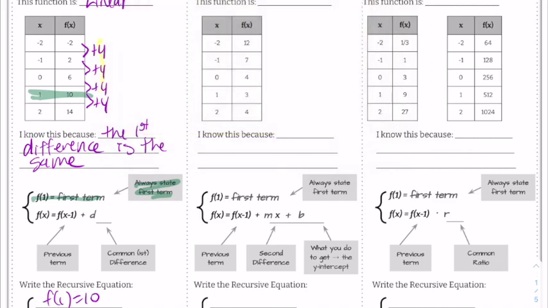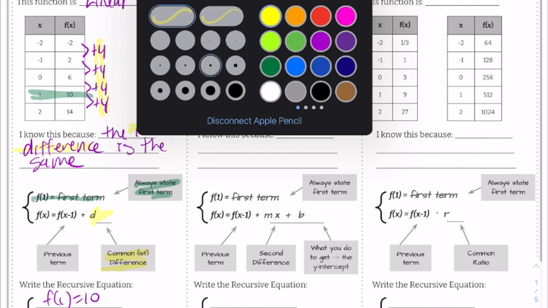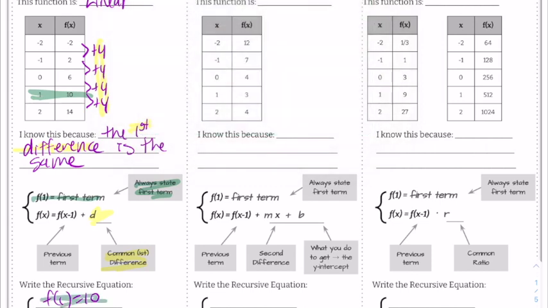In this case, our common difference, which is our first difference, is 4. So in our equation, we're going to do f of x equals f of x minus 1 plus 4, where the 4 is the common difference, and then we put what our first term is. And that is what we have for linear.